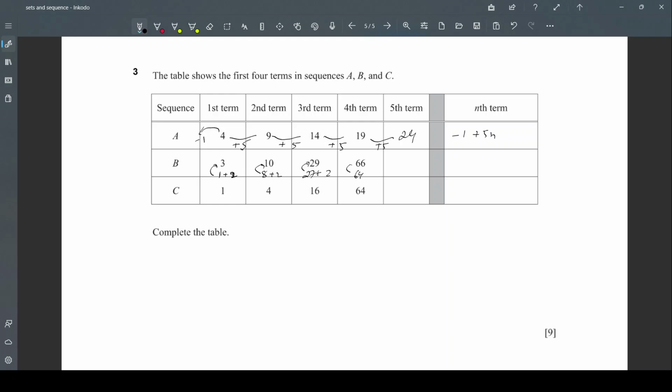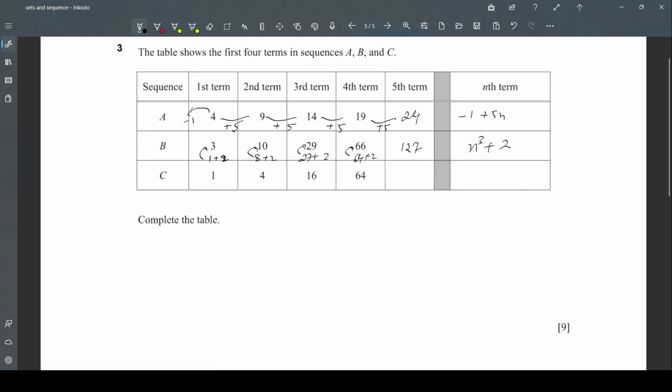And 64 plus 2 gives you 66. So the next term, because this is 4 cube, that is 64, 5 cube is 125, and 125 plus 2 is 127. Also the nth term will be n cube plus 2, right? You can go through my revision topic, you will understand.